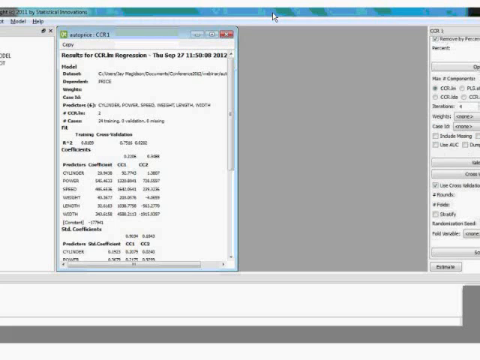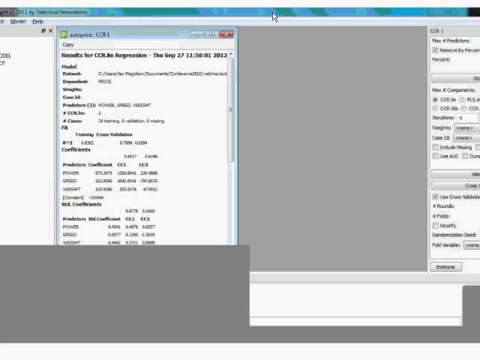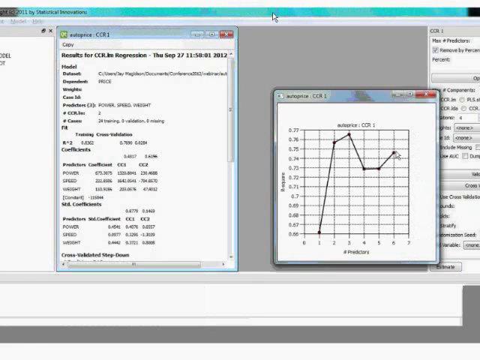Use 10 rounds of 6 folds again. And what we see here is that we now have just 3 predictors. So we went from 6 predictors, down to 5, down to 4, then down to 3. We get a higher CVR squared, and that's where it's maximized.